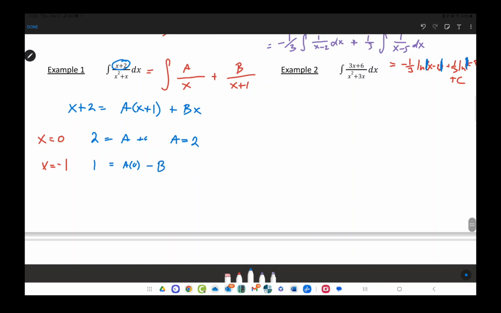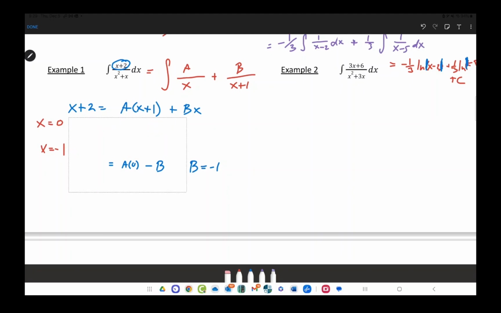So b would be -1. If you input x equals 0, you get 0 times b, which is 0.